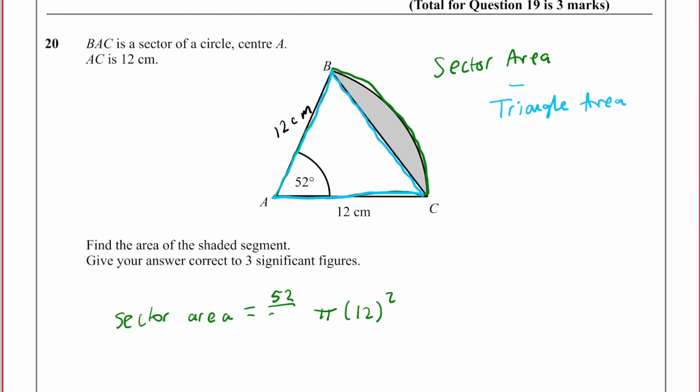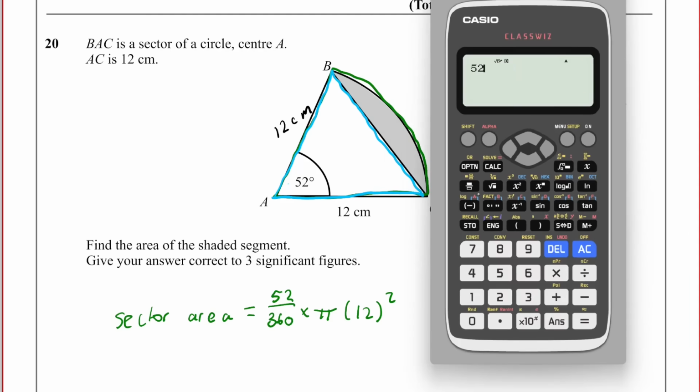So we've got 52 360ths of the whole area. So 52 360ths of pi times the radius squared. 104 over 5 pi, or 65.3.